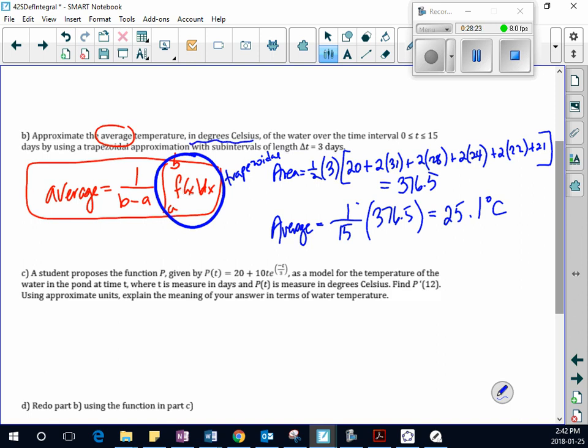All right, next one says a student proposes the function p given by p of t equals 20 plus 10 t times e to the power minus t over 3 as a model for the temperature of the water in a pond. Okay, so it says find p prime of 12. Okay, let's do it.